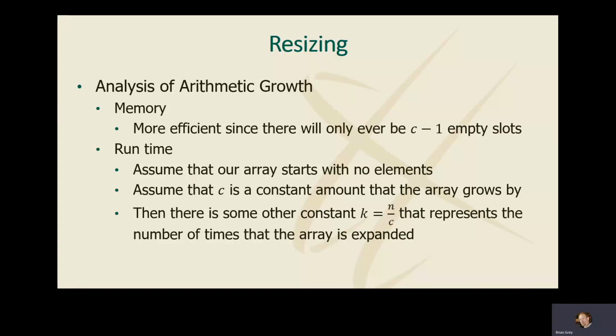N over C, 1,000 divided by 5, we're going to have 200 resizes, right? Can we see what k is representing? Do we understand why this is what it is? I got 3 yes, 4 yes. I'll take that. That's basically a quorum.